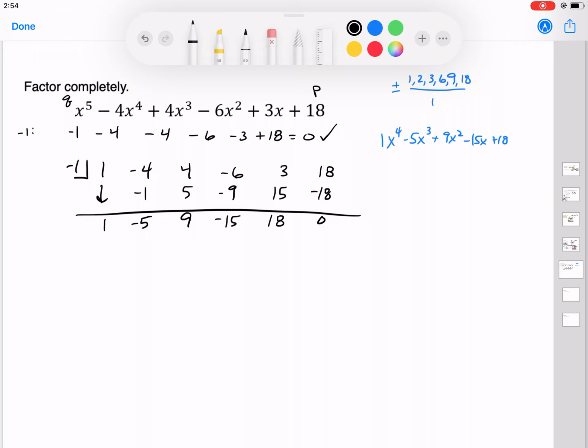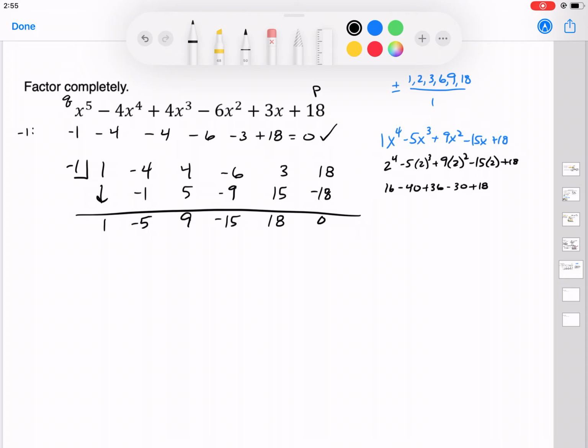So I'm going to go ahead and just try 2 really quick. So 5 times 2 cubed plus 9 times 2 squared minus 15 times 2 plus 18. And so that's 16 minus 40 plus 36 minus 30 plus 18.